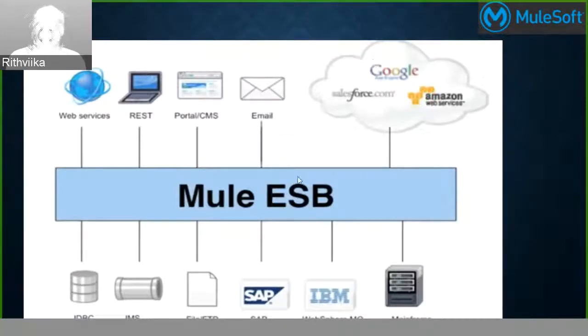But the other integration platform tools won't do that. We need to apply some patch, or integrate with other applications, and only then can we connect to that particular system. But with Mule ESB, you can connect to any system. That kind of feature is available in Mule ESB.